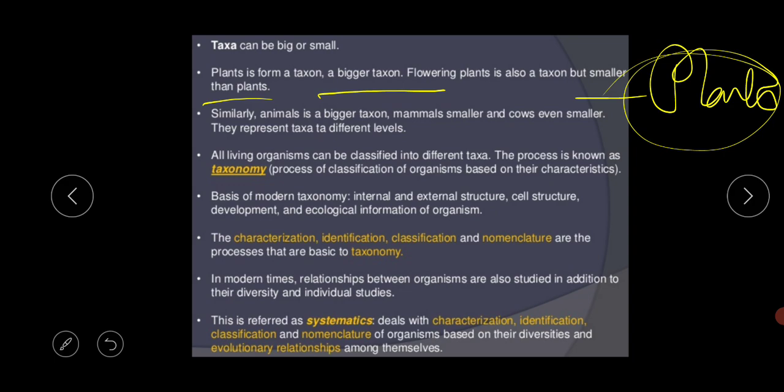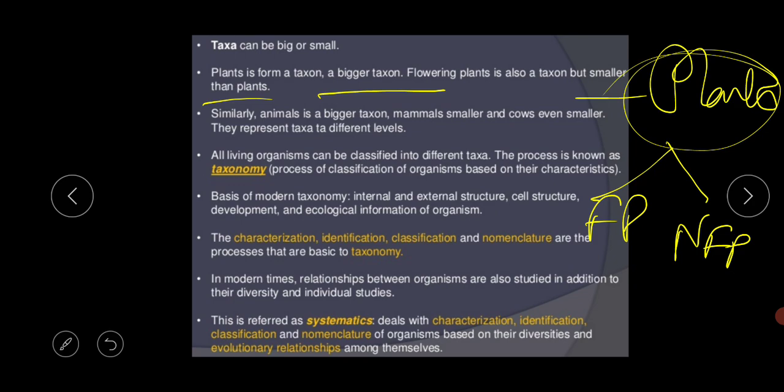Now you can divide these plants into flowering plants or non-flowering plants. Within flowering plants you can divide which one is unisexual, which plant is bisexual. In this way we can divide into smaller categories for our sake. Similarly, animals are a bigger taxon.